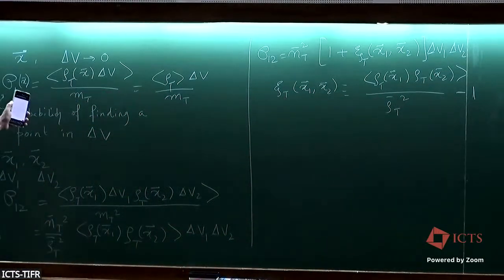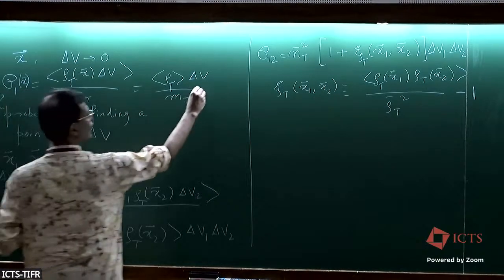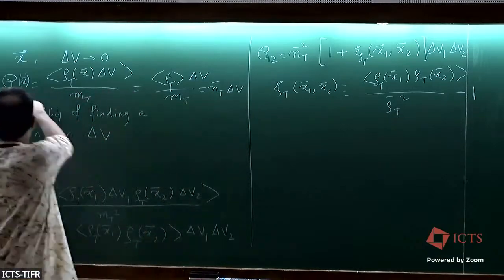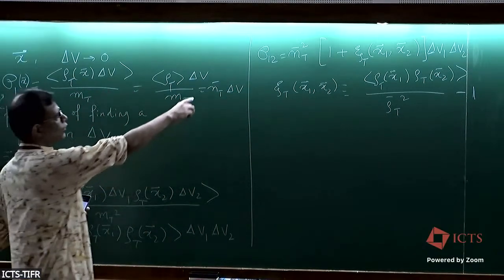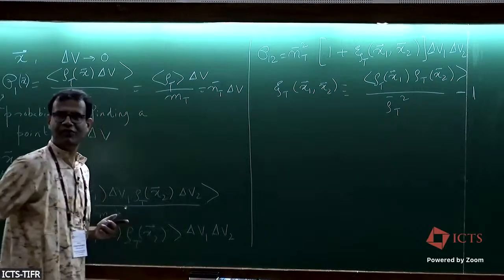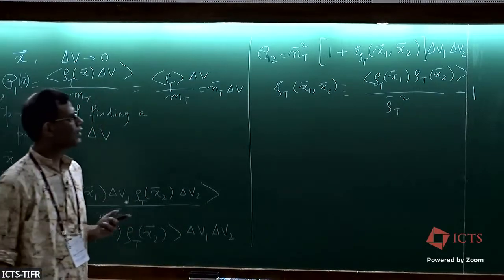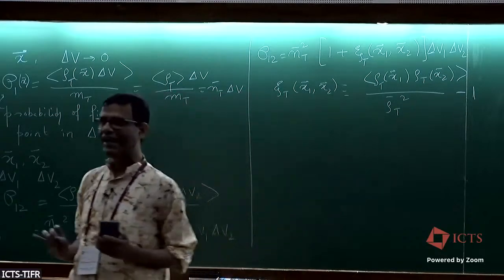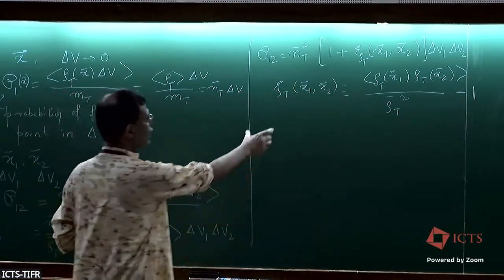You will just do P1 times P2, and each of these is basically n bar_t times delta V. So P1 times P2 would have given you n bar_t square delta V1 delta V2. Whatever is the difference from that is captured in this quantity.